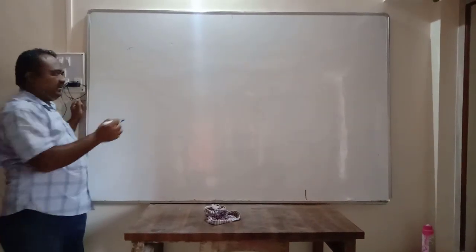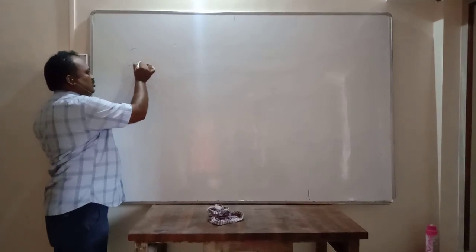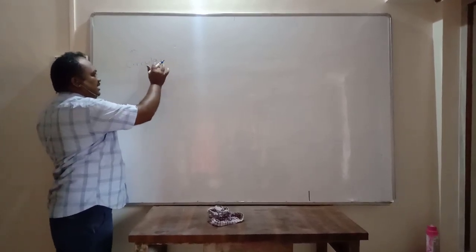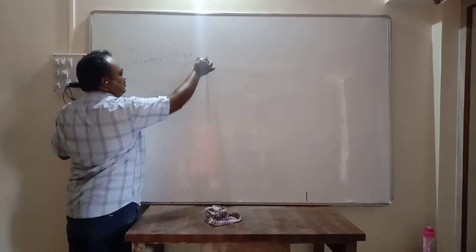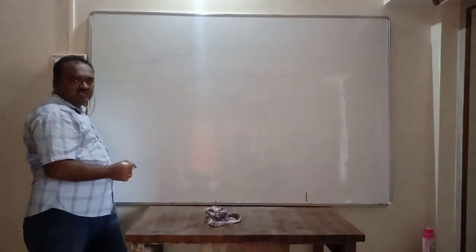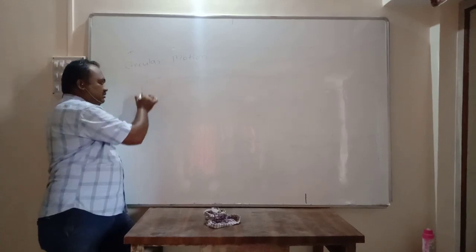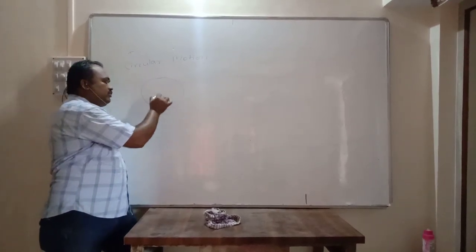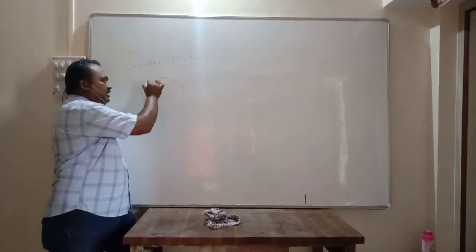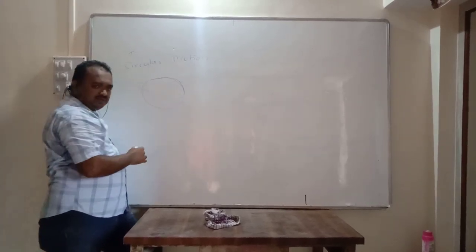Okay, first we will see what is the meaning of circular motion. Okay, actually this part we have studied in the 11th. Circular motion, the motion of the particle. This circle has 2 important parts. One is the center and second one is the circumference.